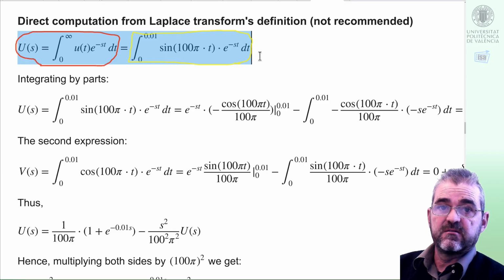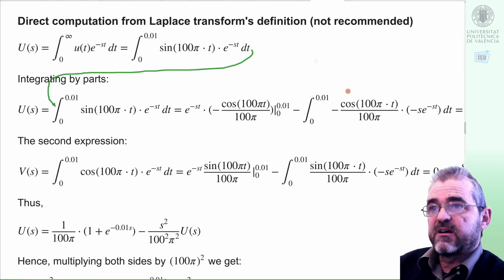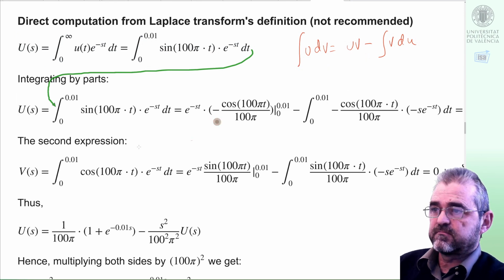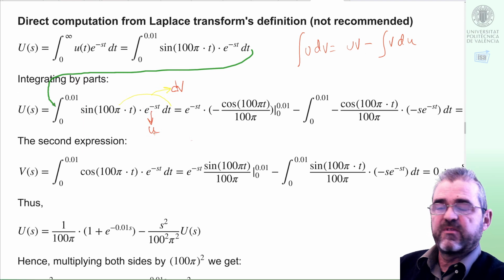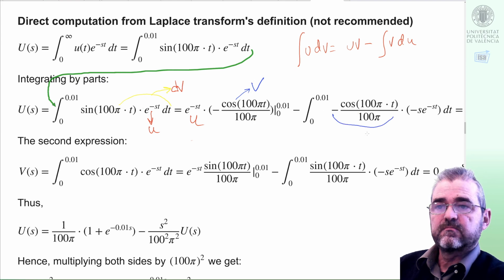How is it done? Well, we'll integrate by parts. Copying this to here, the integration by parts is kind of this. And then if I name u the exponential and dv the sinusoid dt, here we have u and v, the integral of the sinusoid is minus cosine divided by the frequency, and in here we have v and du.